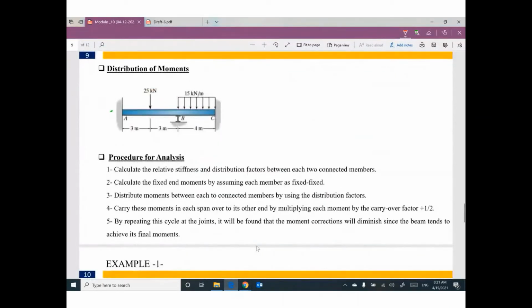What is the concept of this method? Okay, let me explain it quickly.